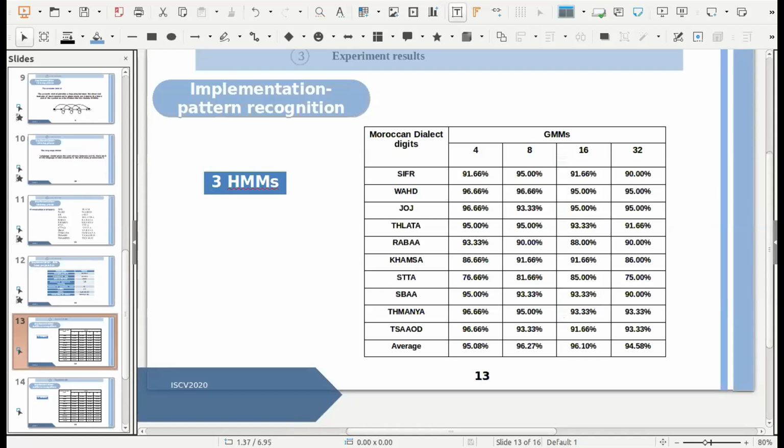Concerning experiment results, in the case of 3 HMM states, we find the best performance is 95.08% by utilizing 4 GMM, 96.27% when we use 8 GMM.